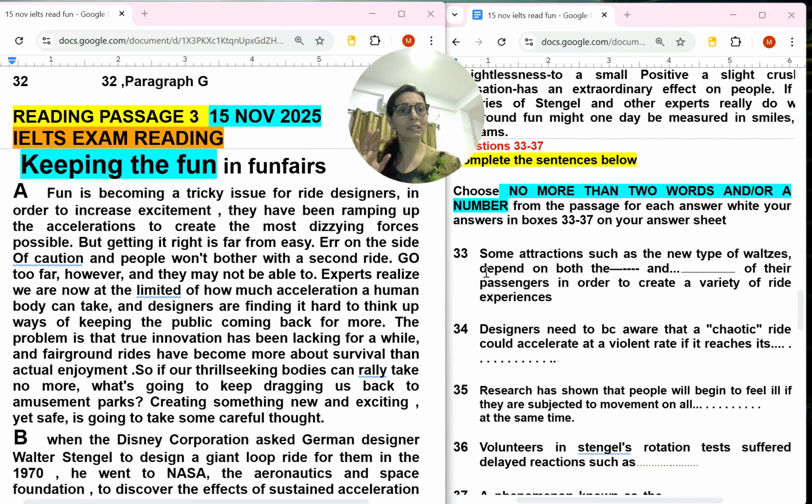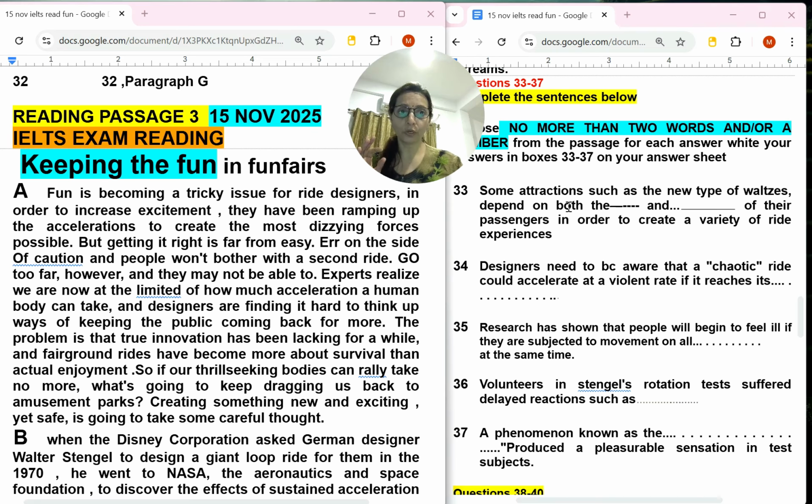Basically here we need to focus on the locations, on the keywords. Those keywords will take us to the location in the paragraphs, and then the words before the blanks and after the blank are also helpful in getting the right answer.